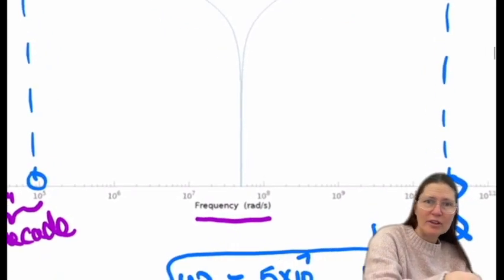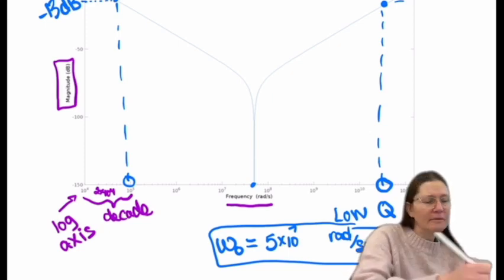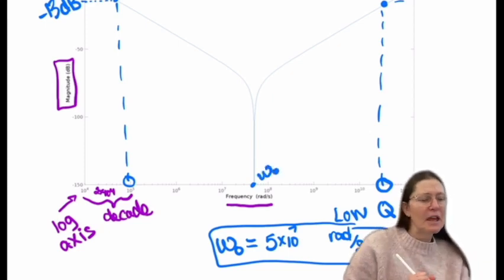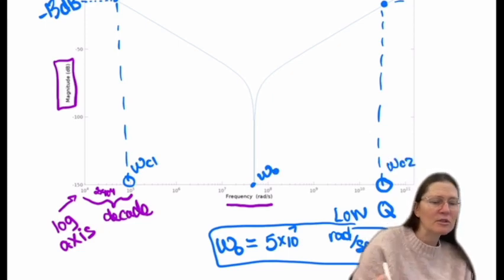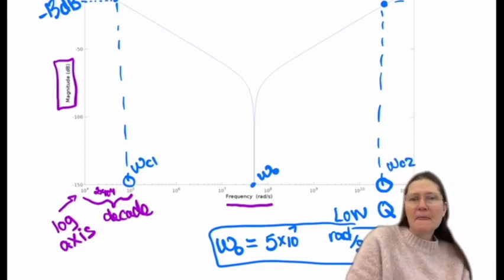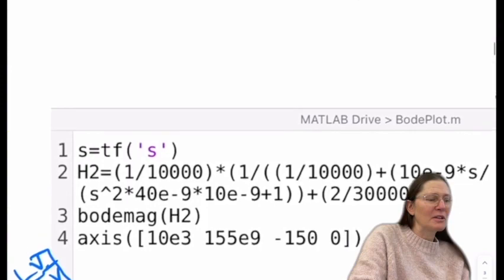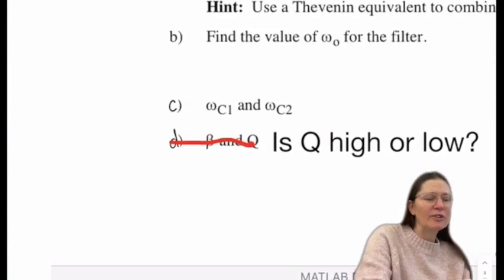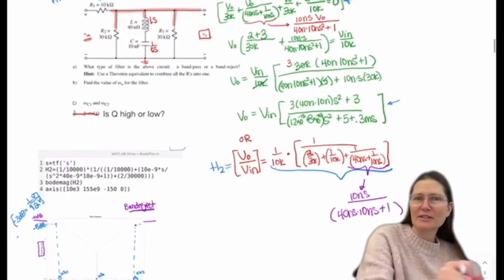So right there at this point, that's omega naught. And then this would be omega C1 and this would be omega C2, but they're hard to see there. So I'm not going to put values in there, but just identifying where they were. And then was the Q high or low? Those were the questions that were asked here.